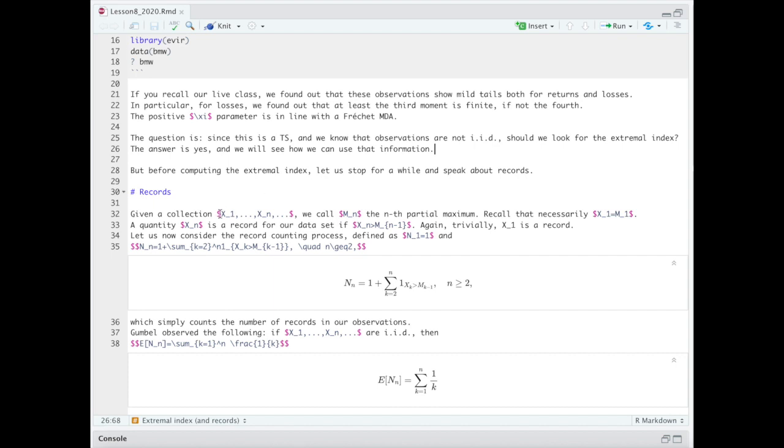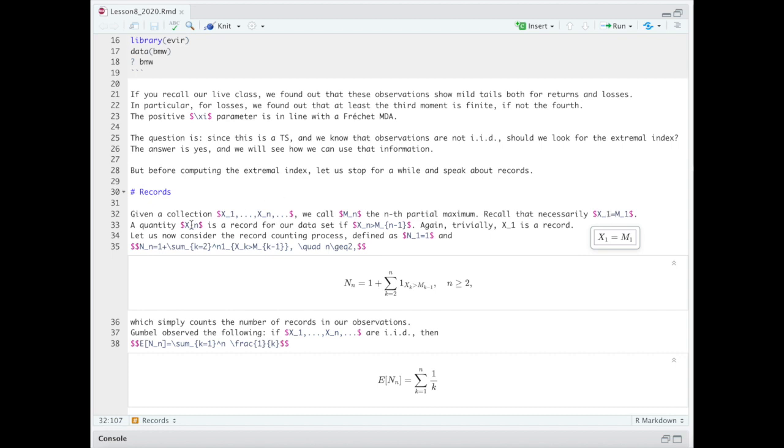Okay, so imagine that we have a collection x1, ..., xn of observations. What we know is that we can always define the quantity Mn to be the nth partial maximum. Okay? Now, by definition, observation x1 coincides with M1. Okay, the first observation is by definition the first partial maximum.